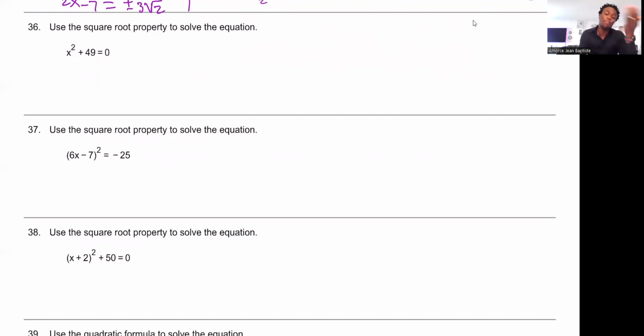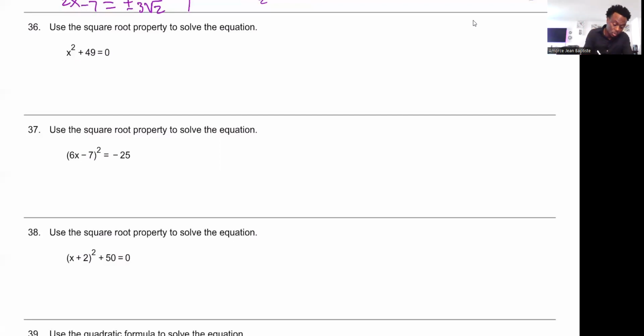You do the opposite of what you would do if you were to put a quadratic equation in standard form. So whenever your equation has a term that is squared and a constant, you may want to move the constant to the other side and take the square root of both sides.